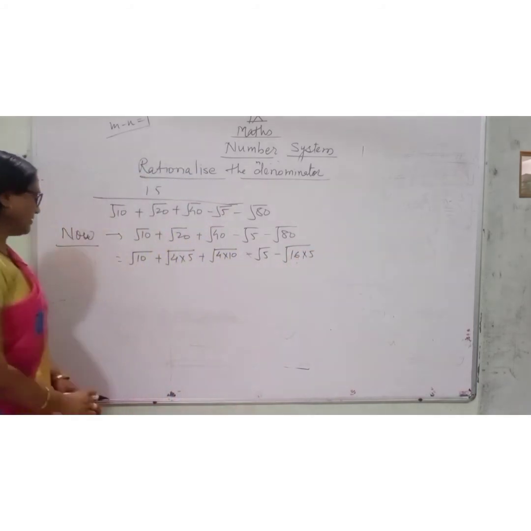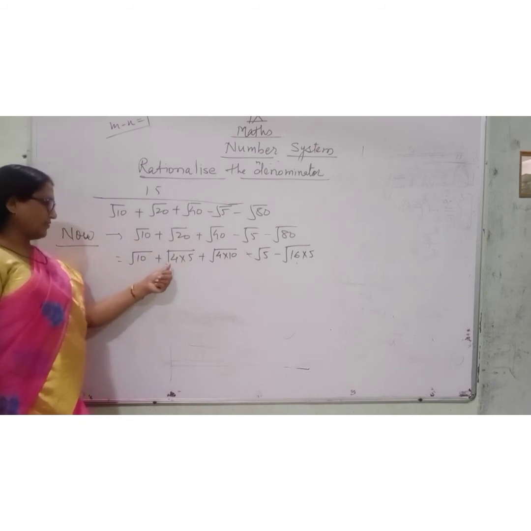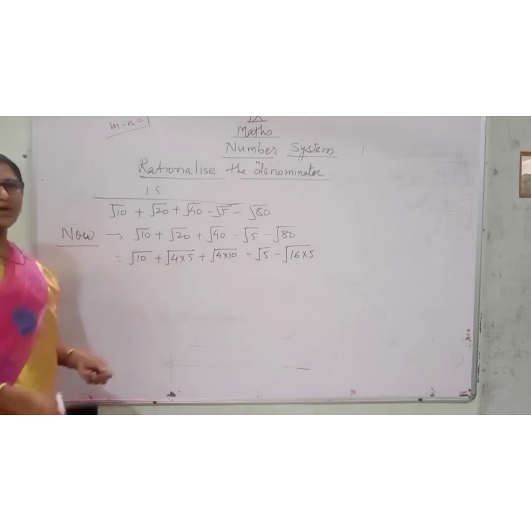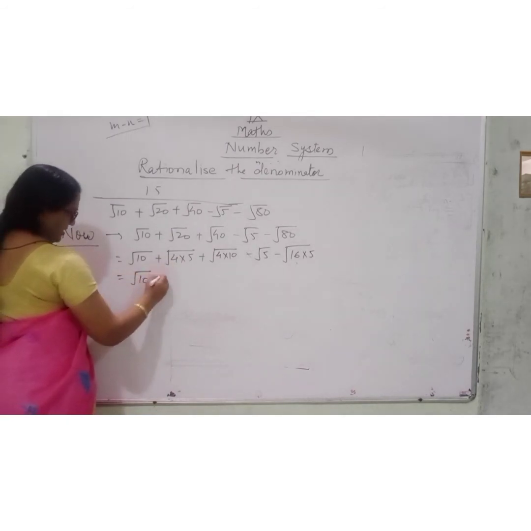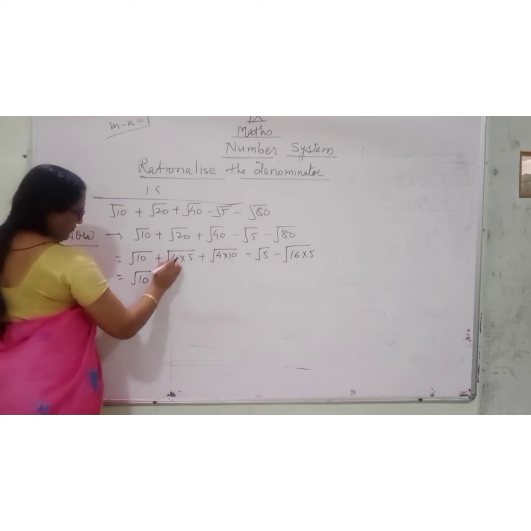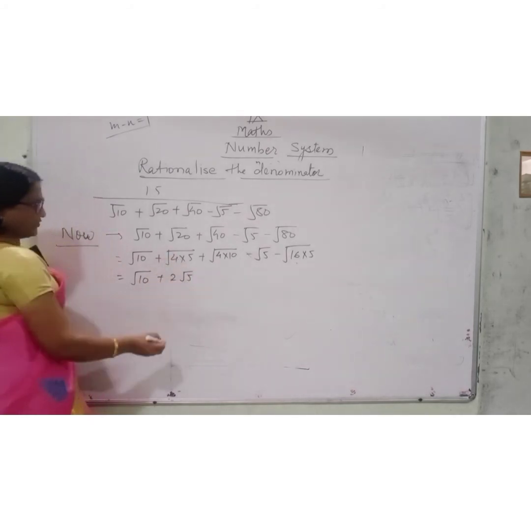What I did here, just break the numbers, but note that one factor should be a complete square. Okay. Is equal to root 10. Here take out 4, means 2 root 5, because 4 is a complete square.